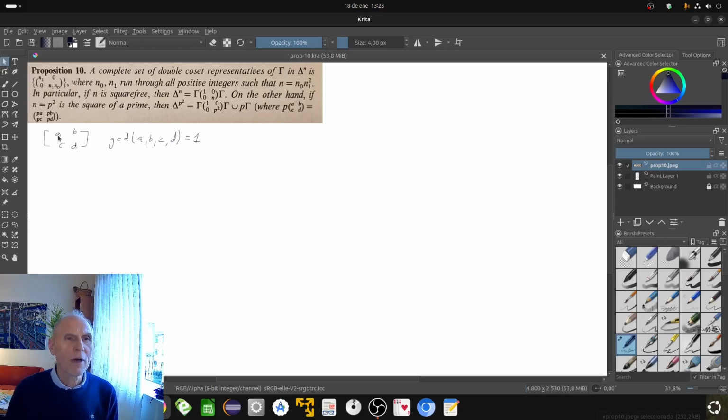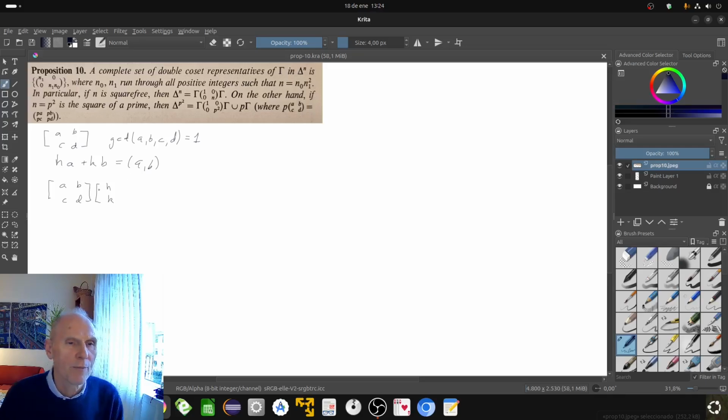The first step of my proof is to construct the greatest common divisor of A and B. So we choose H and K. Then we get A times K plus B times A times H plus B times K, which gives the common denominator in the first place.